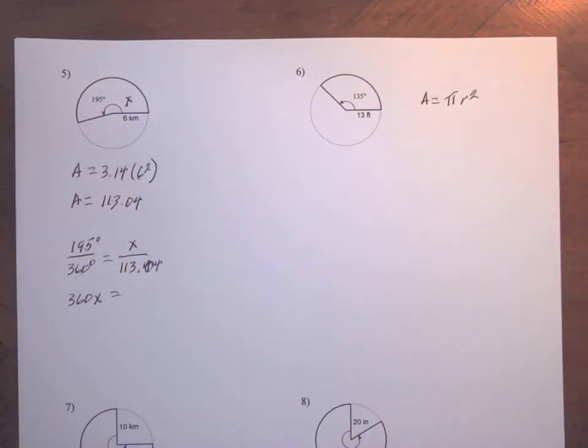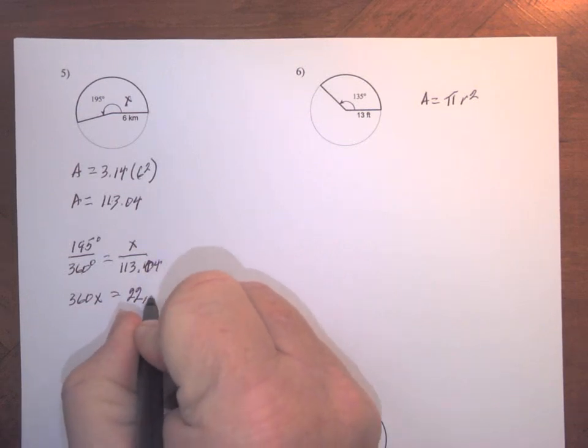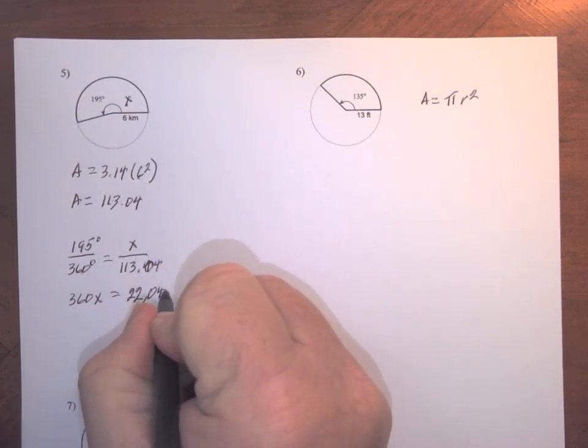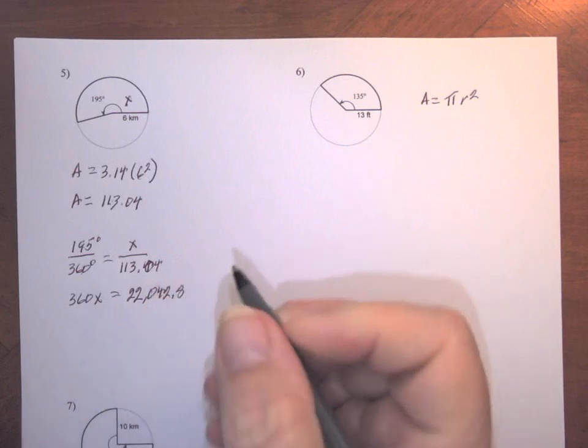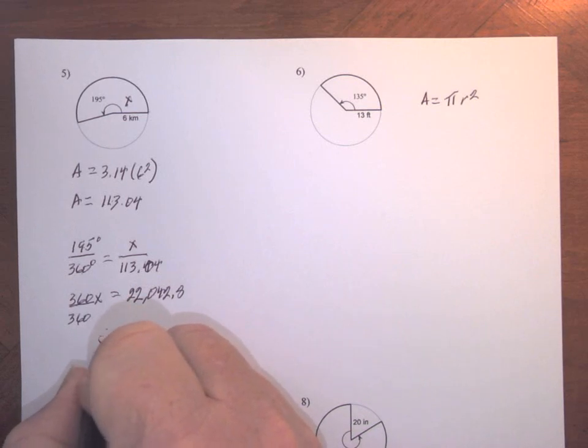I'm sorry. If we take 113.04 and multiply it times the central angle, which is 195, we get a big number, 22,042.8, but we're going to knock it down and divide it by 360 on this side in order to get our x.